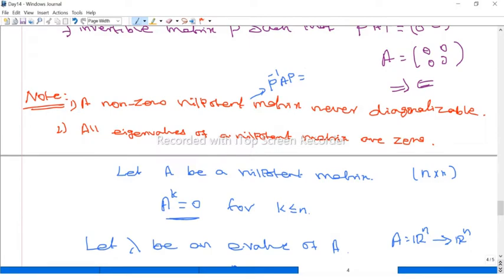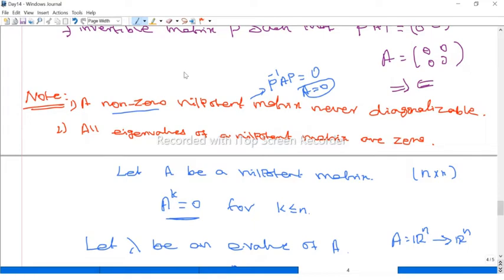But we know the eigenvalues of a nilpotent matrix are 0, 0, 0. Therefore, we get the 0 matrix. Now multiplying by P on the left and P inverse on the right, we get A equals 0, which is a contradiction because we assumed that A is a non-zero nilpotent matrix. So a non-zero nilpotent matrix is never diagonalizable.